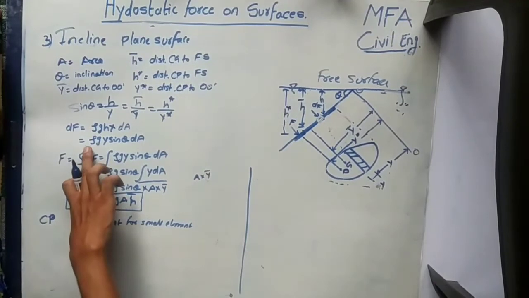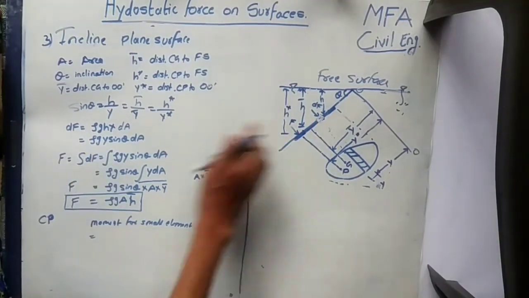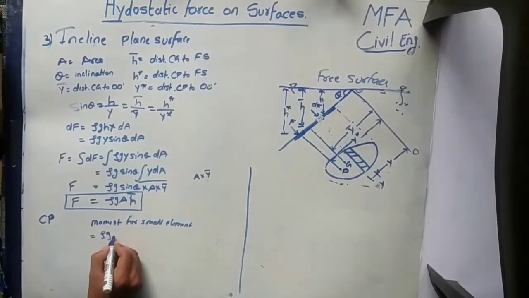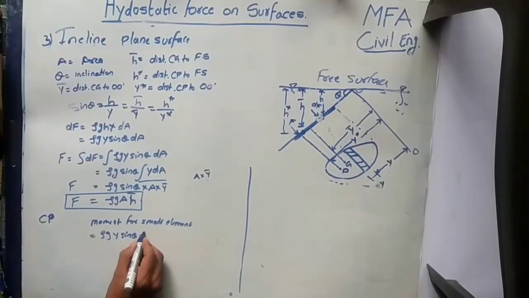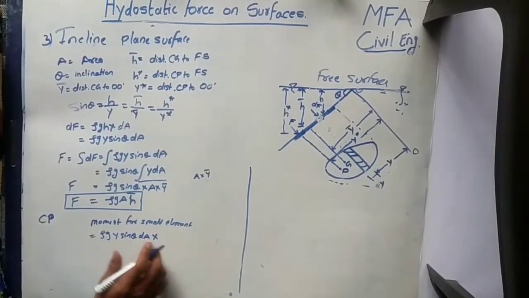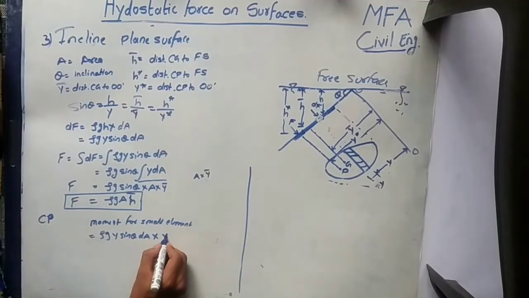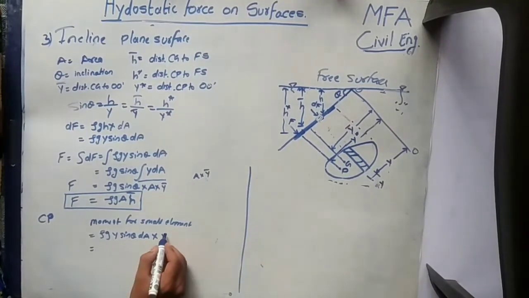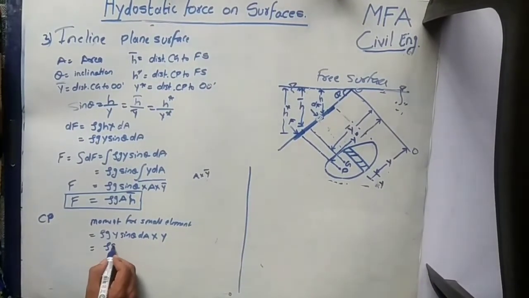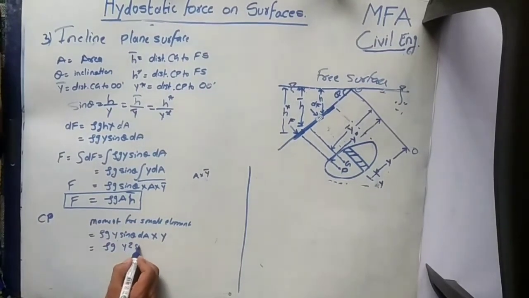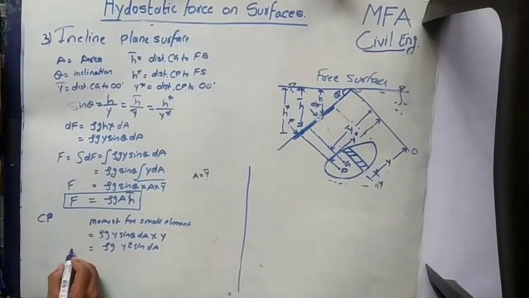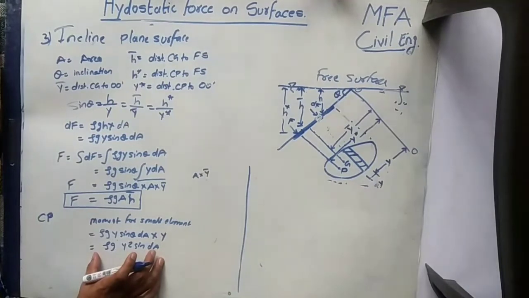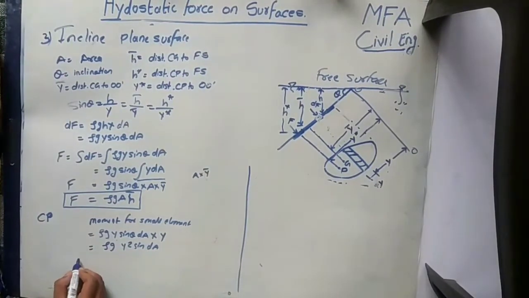We have calculated the force acting on this small element as rho g y sin theta into dA, multiplied by the distance y. Now rho g y into y gives y square sin theta into dA. Now the total moment can be obtained by integrating this equation.